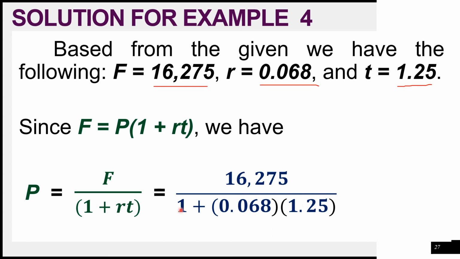Then afterwards, we will divide 16,275 by the sum of 1 and the product of the rate and the term. After doing this process, we will get our answer, which is 15,000 pesos. Therefore, the principal amount is 15,000 pesos.